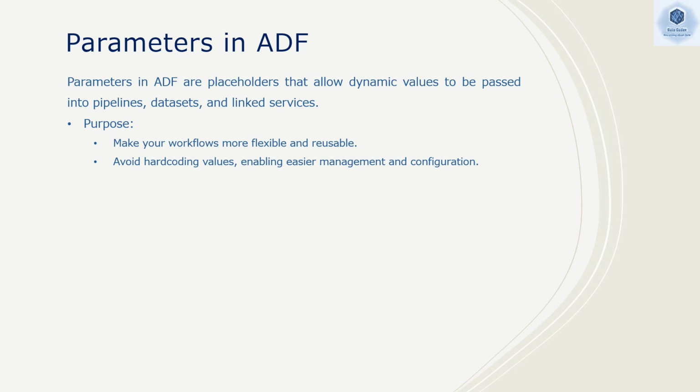You can avoid hard coding the values in the dataset or a linked service. You can just create a parameter and use that to configure your pipeline, and this allows you to pass different values to your single pipeline. Thereby you can create a single pipeline instead of creating multiple pipelines in your Azure Data Factory.